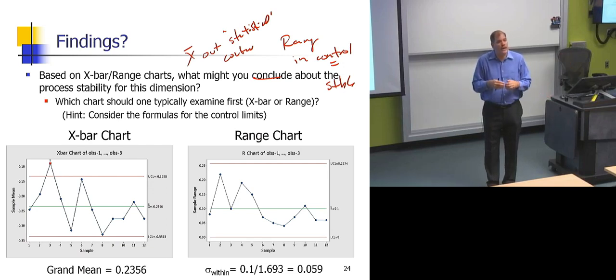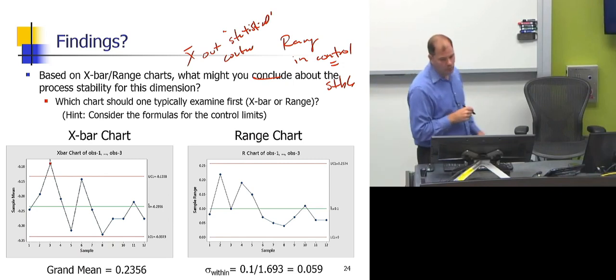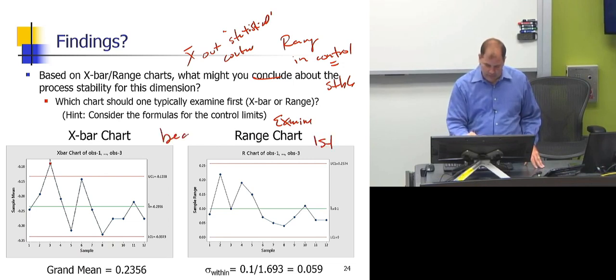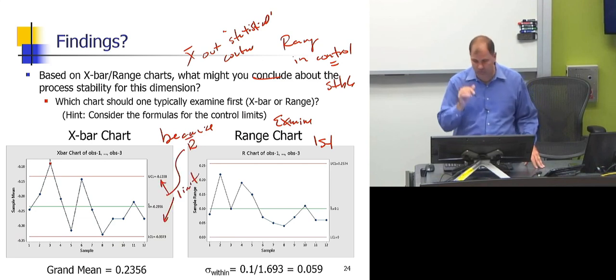And then you're going to make the X bar chart limits wider, and you might miss some special causes, or miss some shifts potentially. For that reason, we want to examine the range chart first, because our R bar is going to be used in the establishment of the limits.